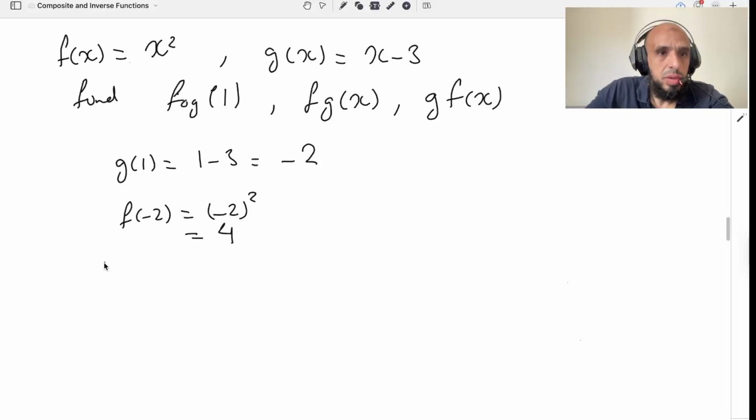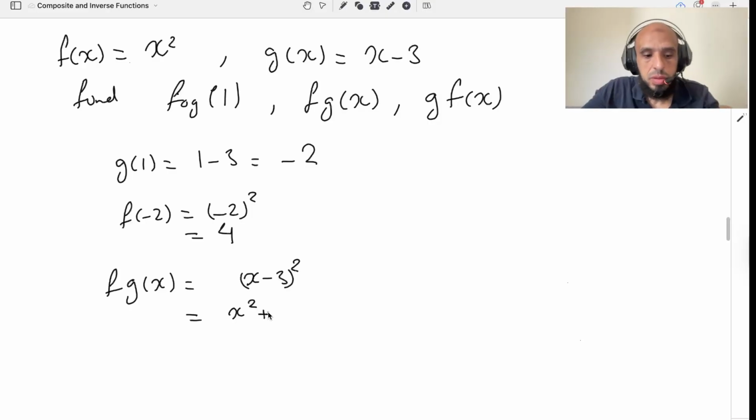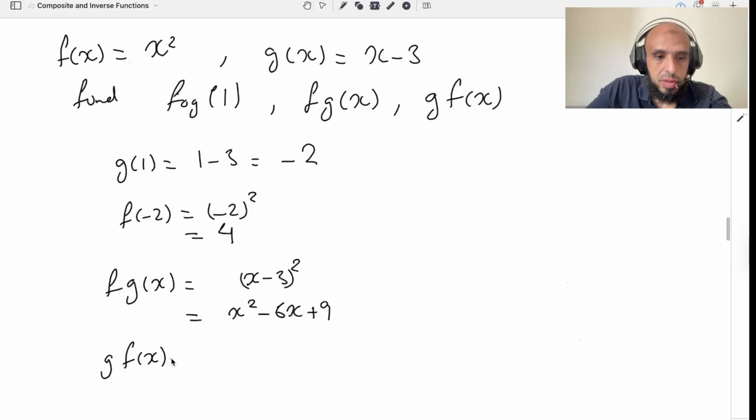Okay, so now f g of x is going to be equal to, we'll take x minus 3 and then square it, so it's going to be equal to x squared minus 6x plus 9. And g f of x is going to be equal to x squared minus 3.